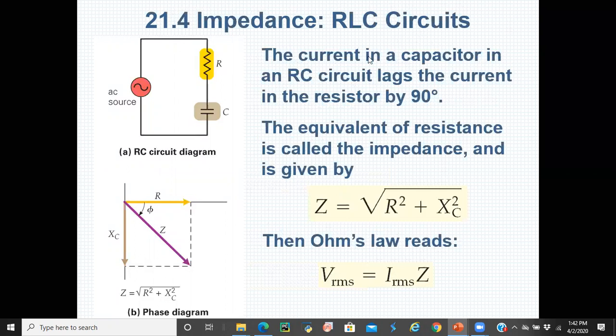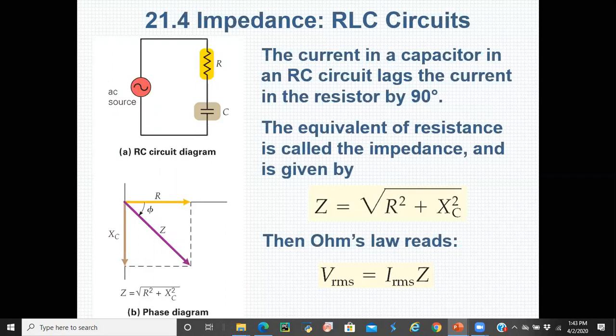If there are R and C, we say RC circuit, because there is resistance and capacitance with the AC source. If there is L and C, we say LC circuit, and similarly RL circuit. If all three are connected in a single circuit, we say it is an RLC circuit.